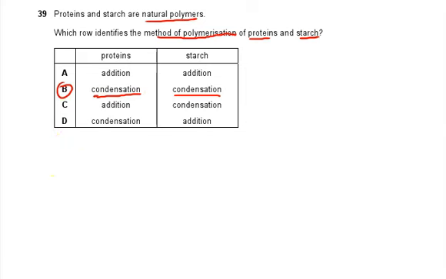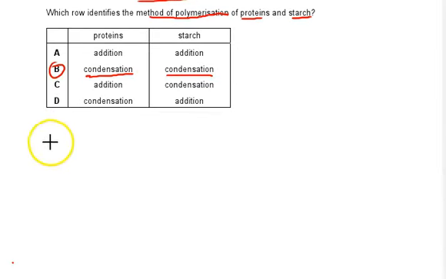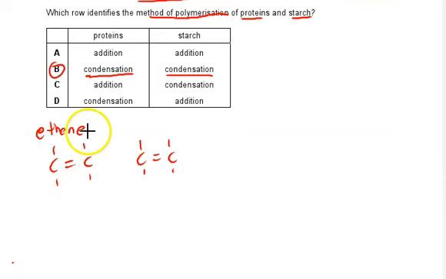Now, when you have ethene, let's say, you have a double bond. We just assume the other part here is hydrogen.